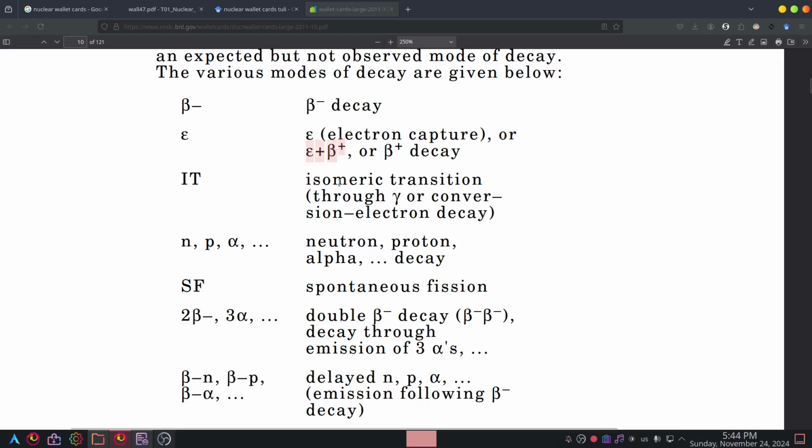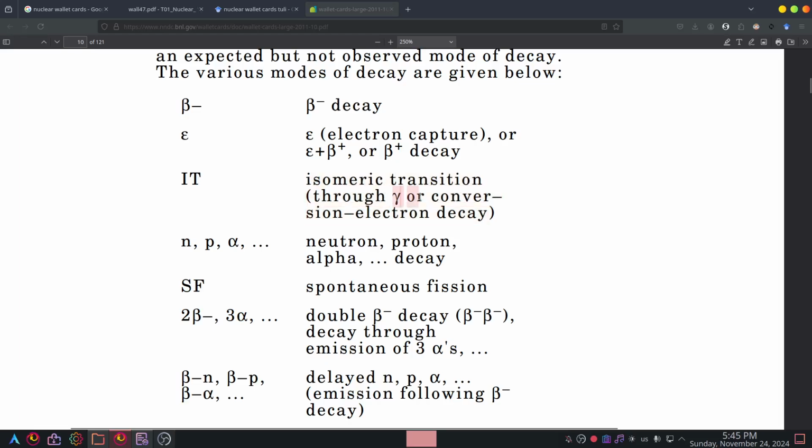They don't differentiate between electron capture and beta plus, though there is an important difference, physics-wise anyway. So here is usually beta plus decay or electron capture. That's what this epsilon means. Isomeric transition through gammas or conversion electron decay.